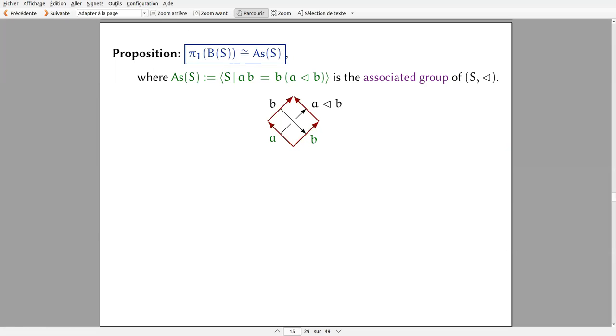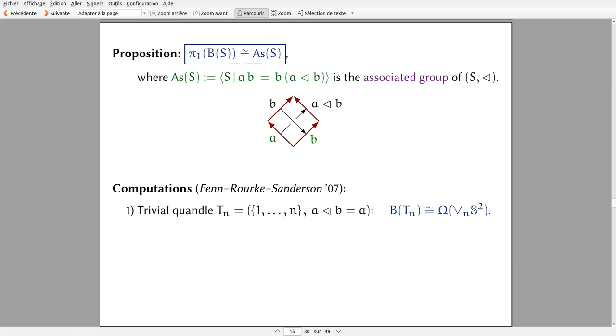So I will return to this connection slightly later, and now I'll just mention the only two cases I know where these rack spaces have been completely understood. So for the trivial quandle, this rack space is the loop space of a wedge sum of n spheres.